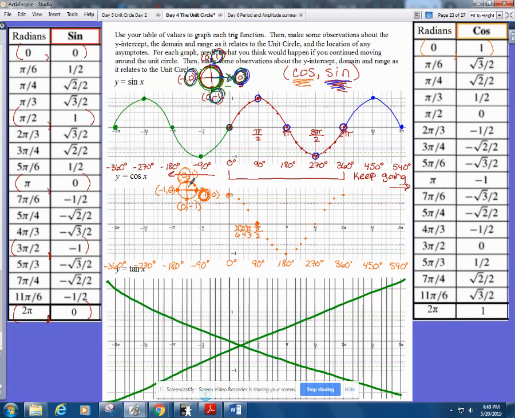And those points repeated, the radical 3 over 2, radical 2 over 2, and 1/2, but these were negative. And then we got to 180, which was negative 1. So the key points on the x and y axis would be these points right here: 0, 1, and then pi over 2 comma 0, and then pi, negative 1, and then at 3 pi over 2, we'd be back at 0, and then at 2 pi, we'd be at 1.